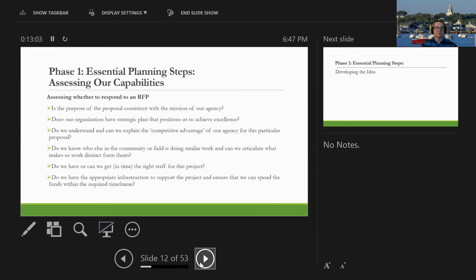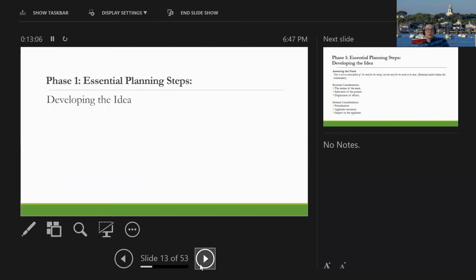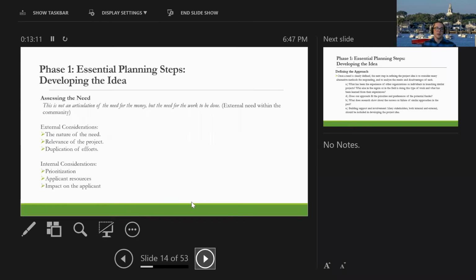So we move into our next step within the essential planning steps, and that's developing the idea. So, assessing the need. The need is so important. The need is essentially your burden of proof. What are you going to do with their money? And so the thing that I counsel people on the most is, when writing your proposal and you're writing your need statement, never frame that need statement in terms of the need of your organization.